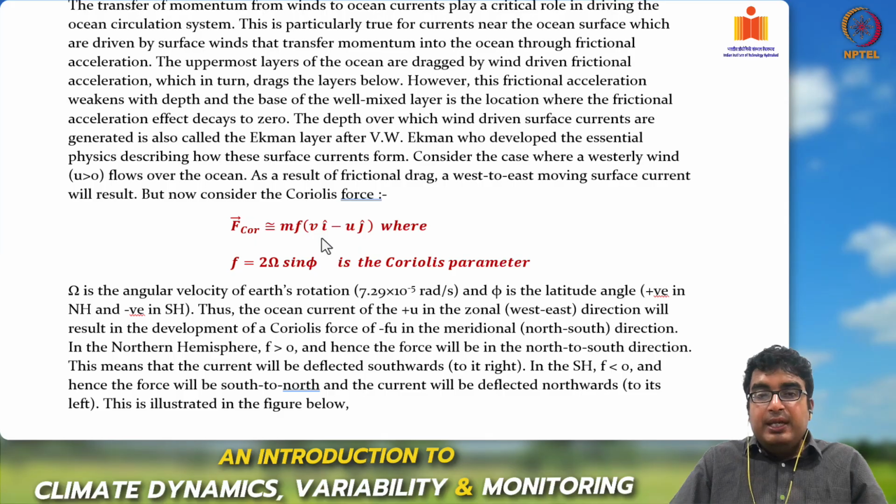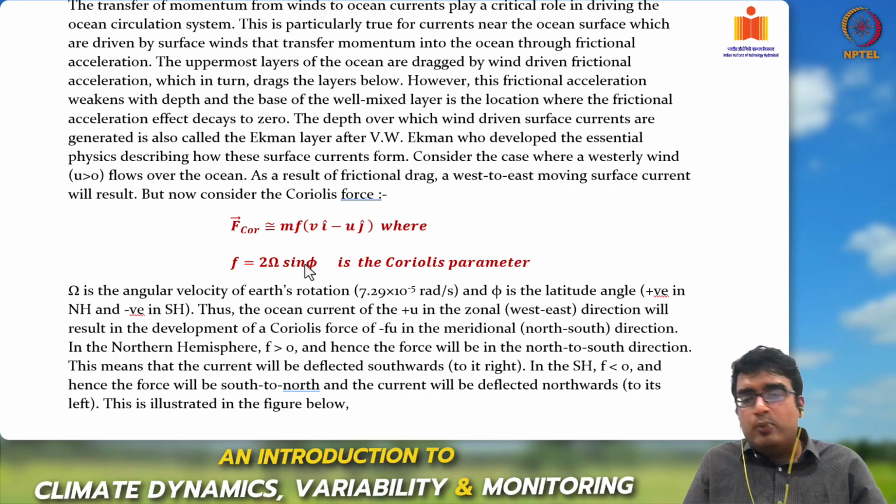M into F into the zonal component of the Coriolis force, which is determined by the meridional velocity V, minus the meridional component of Coriolis force, which is determined by the negative of the zonal velocity U. Remember, the Coriolis force parameter is positive in the northern hemisphere where sine phi is positive, and negative in the southern hemisphere where sine phi is negative.